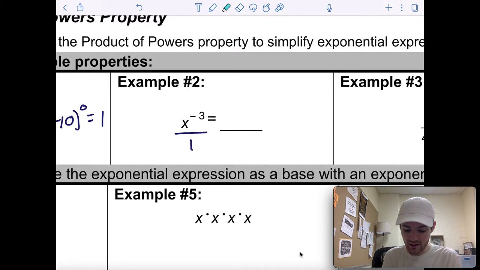When we have a negative exponent, we take the base and the exponent and we move it to the opposite side of our fraction. So here we start with it in the numerator, so we'll move it to the denominator. When we do that move, our exponent becomes positive. So now my answer will have a positive 3.